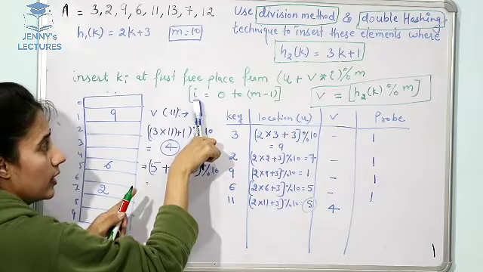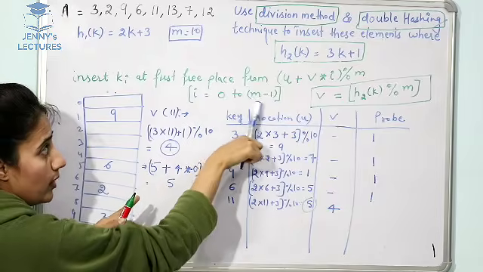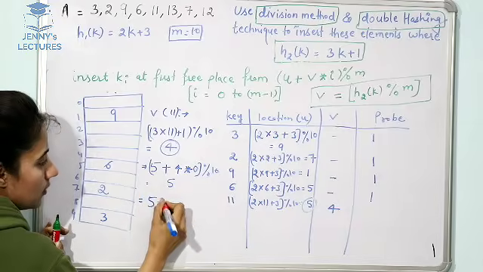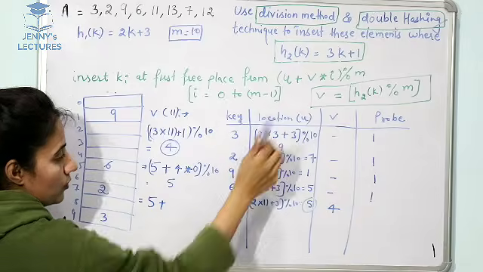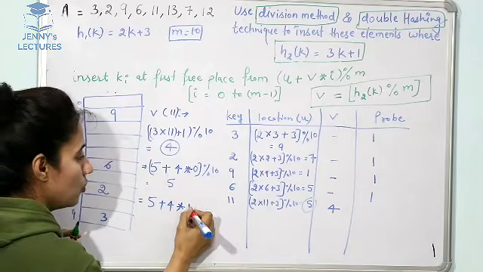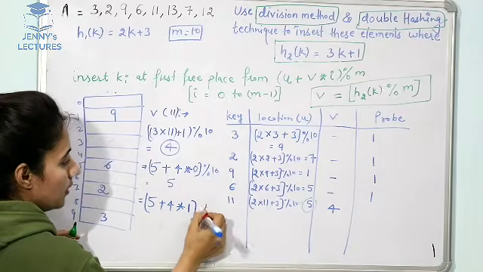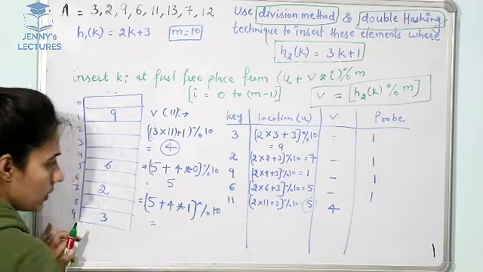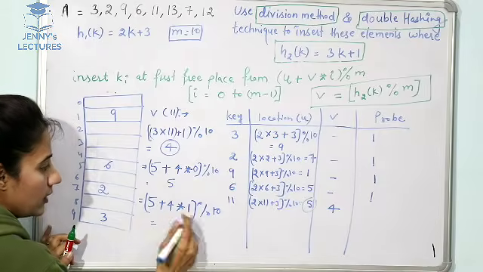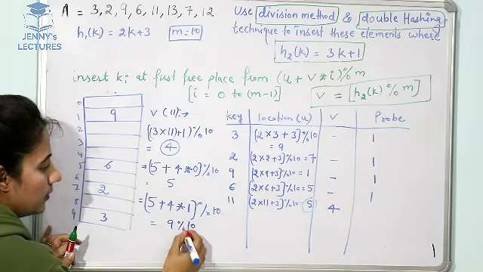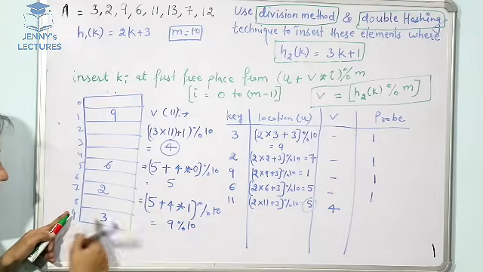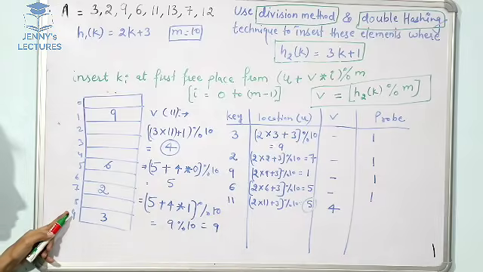Okay, कोई बात नहीं, what will we do, i value will go from 0 to m minus 1, then i value would now become 1. Now calculate, same value of u is 5 plus value of v is 4 into value of i, and then mod 10. 5 plus 4, that is 9, 9 mod 10, that is 9. No, this one is not free, we cannot insert at this place.